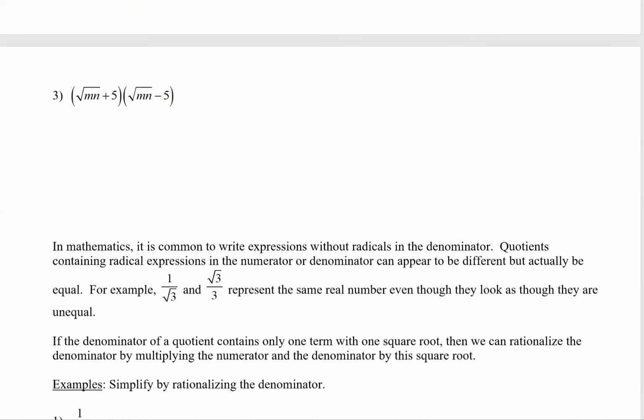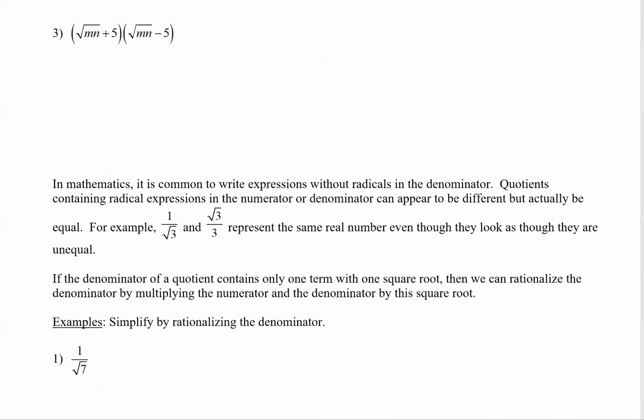Okay, number 3. We're multiplying two square roots that have the same radicand. So our answer is the radicand.